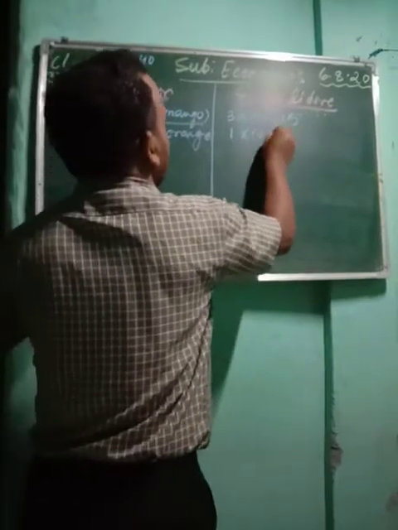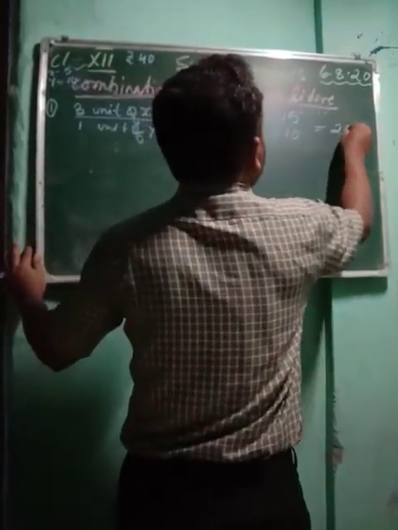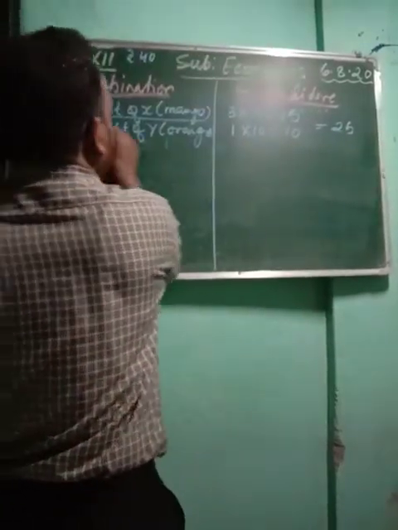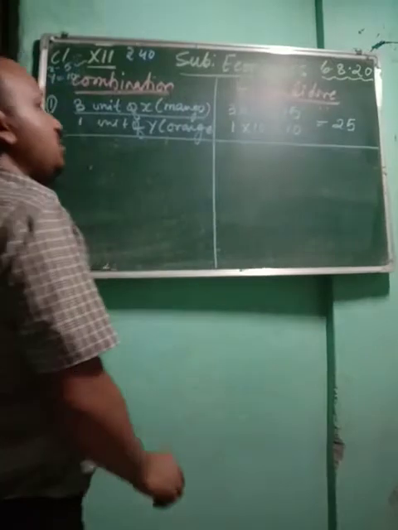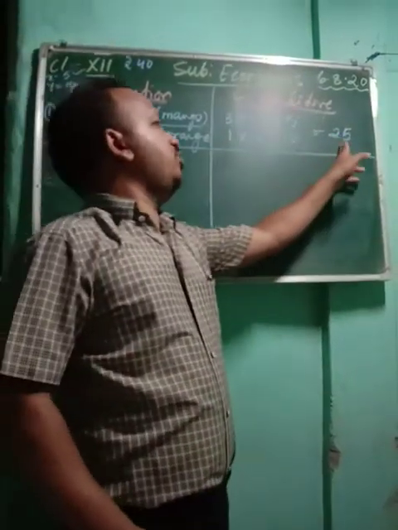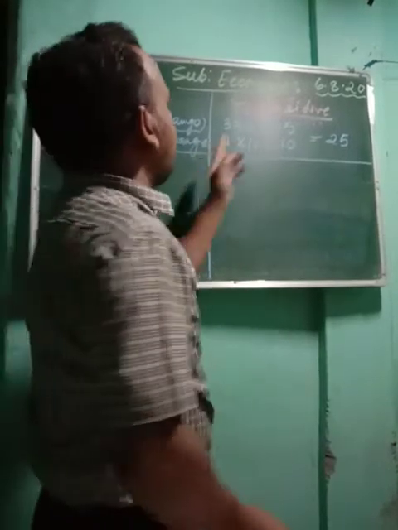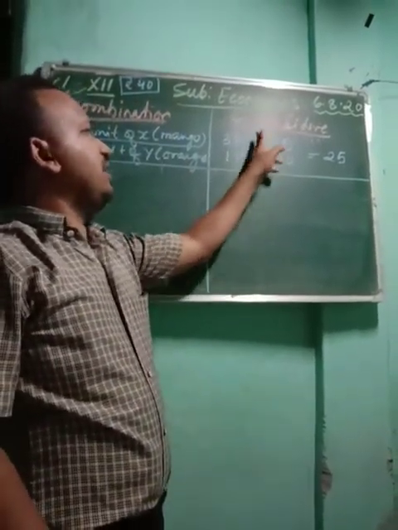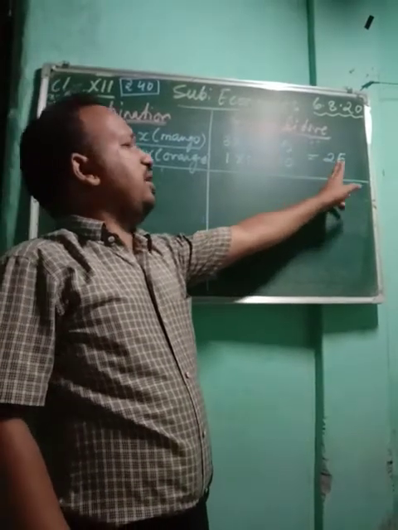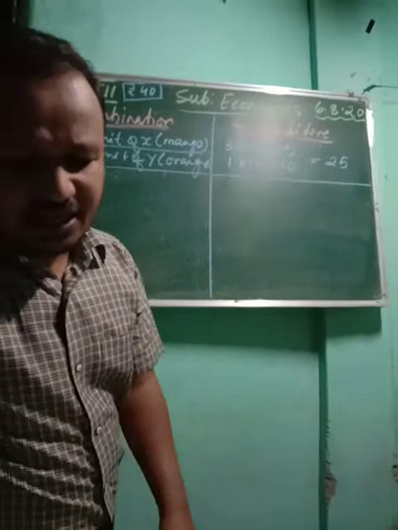The total comes to 25. So the expenditure is 25, but he has an income of 40. If he buys 3 mangoes and 1 orange, he spends 25, which is less than his income, so he will not accept this combination.